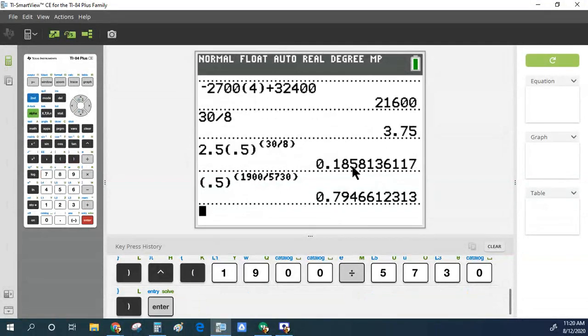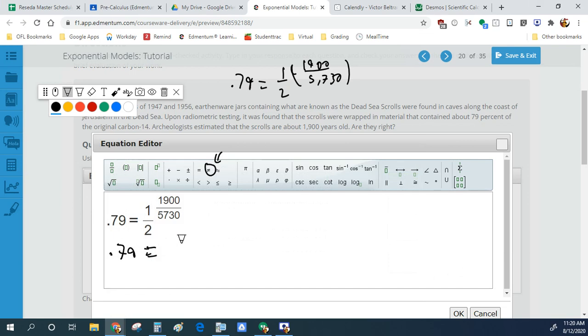So yeah, there's about 79%. So from here we would write 0.79. So we would write a sentence here like this: this proves it is true.